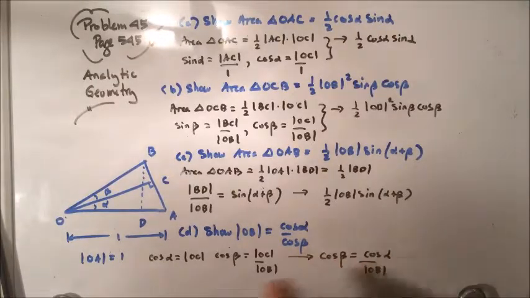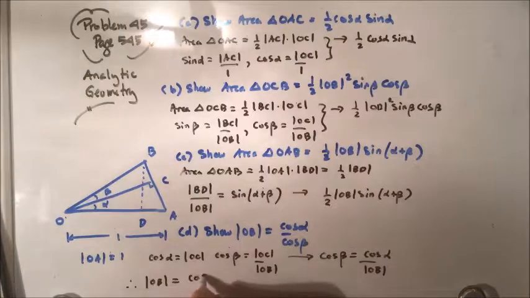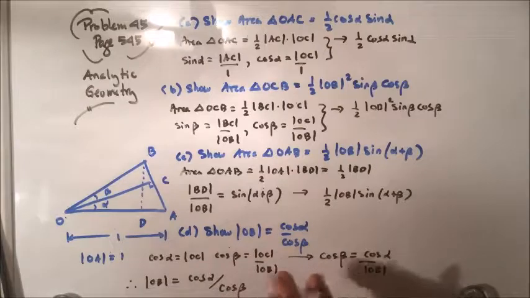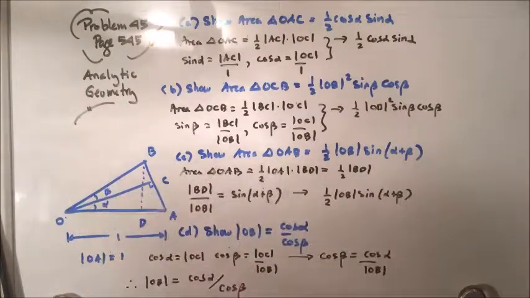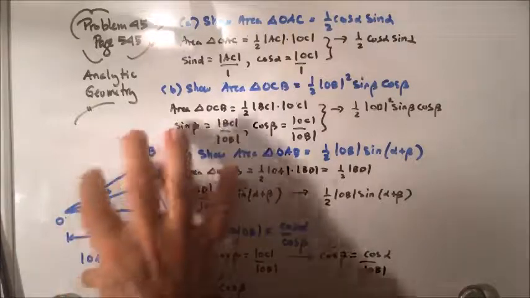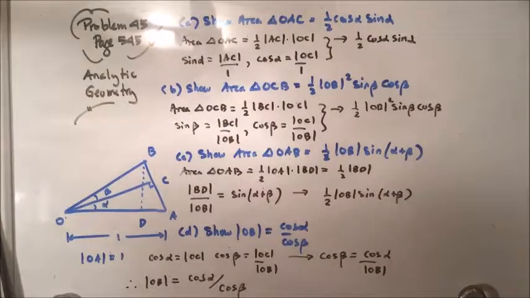Move that up here, move that down there, and sure enough, OB is equal to cosine alpha all over cosine beta. Like I said at the outset, it's a strange little problem, but worthwhile to exercise yourself and make use of the trigonometric functions inside a slightly complex triangle.